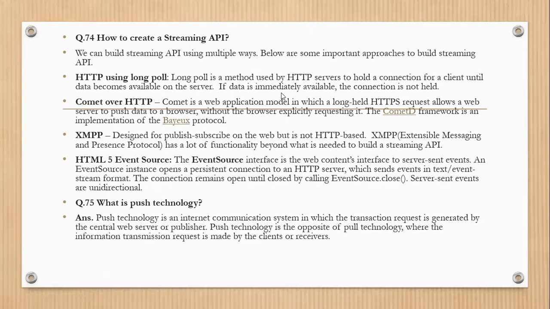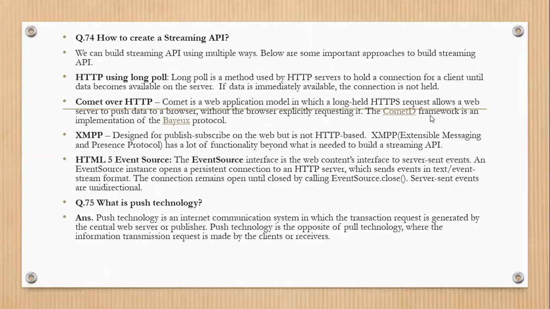If data is immediately available, the connection is not held. Long polling is a web application method in which a long-held HTTP request allows a web server to push data to a browser without the browser requesting it.